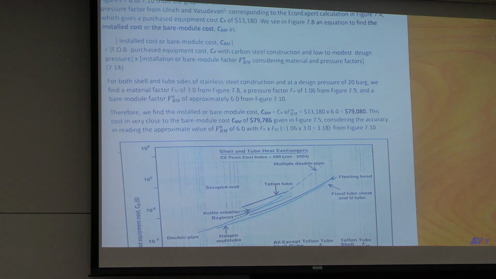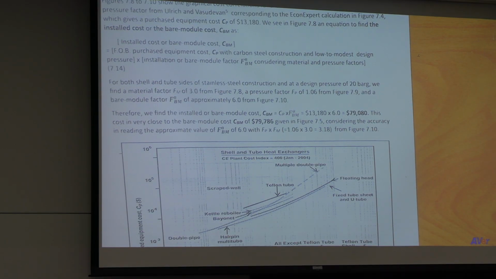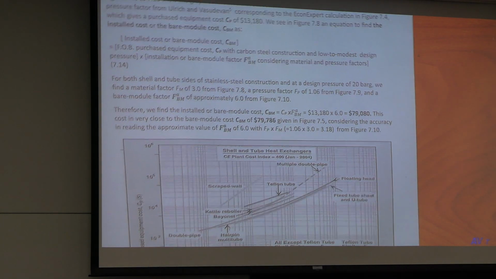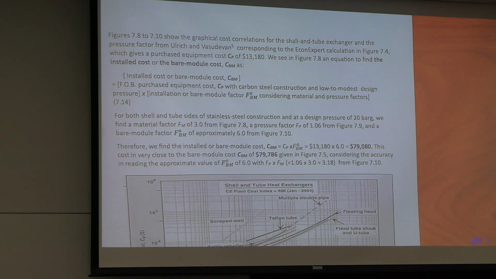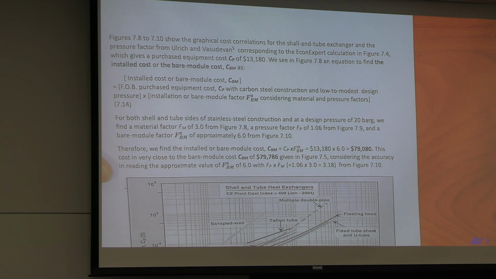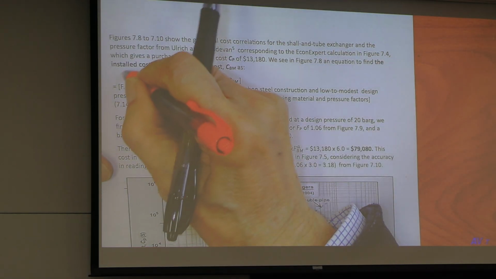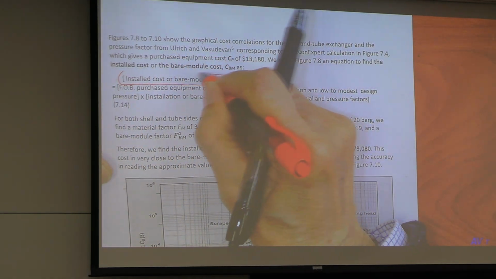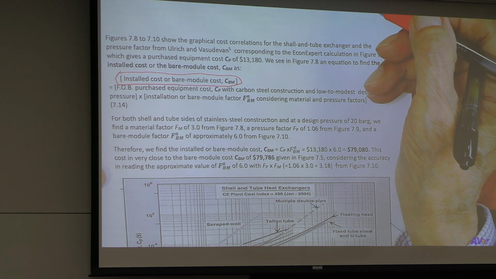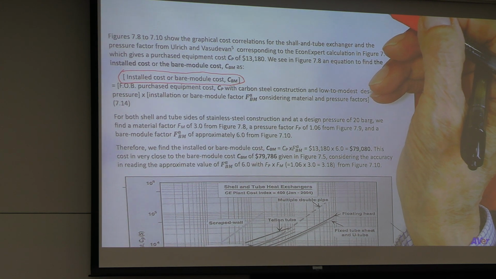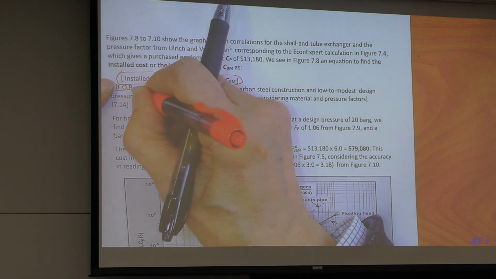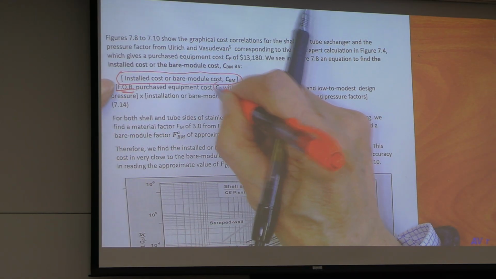Okay, page 15. Install cost or bare module cost equals purchase equipment cost, FOB, CP.